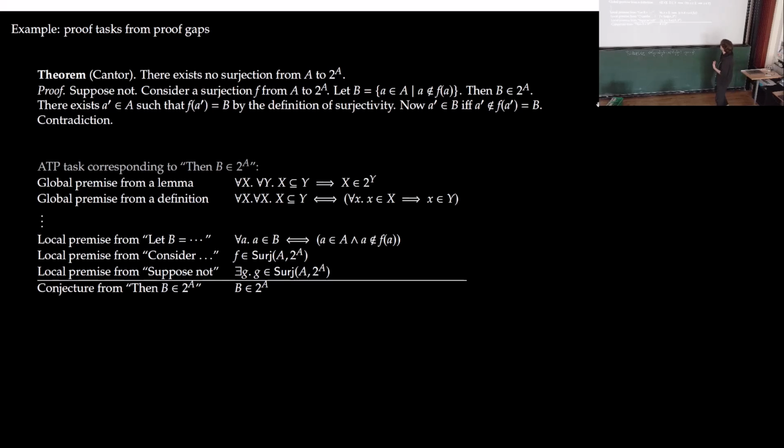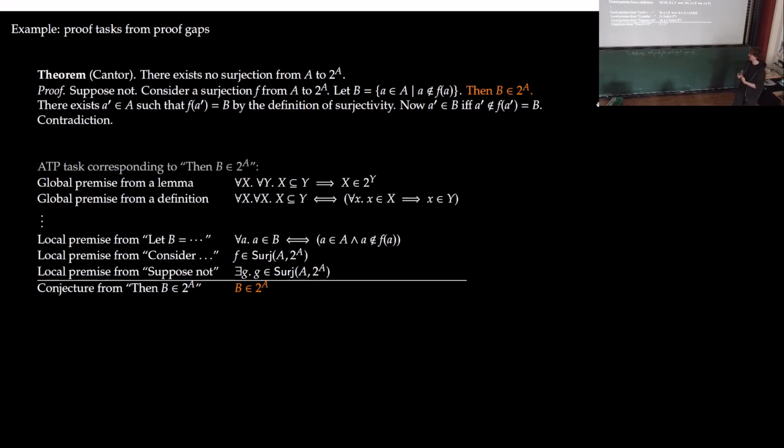So I want to show you how this works. Basically we go through the proof, and whenever we leave a gap in the proof, something that you as a human reader also need to fill in, then we hand it over to the ATP. In this case, I'm showing you the gap corresponding to this B is an element of the power set of A. As a human reader, we have to figure out, okay, in this case it's fairly easy, right?